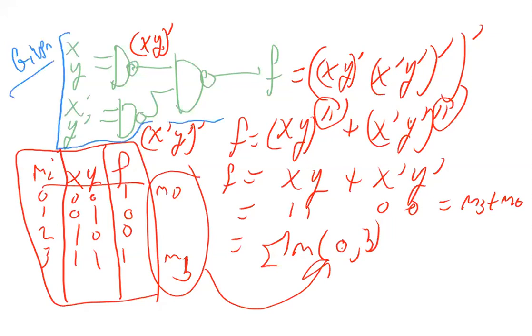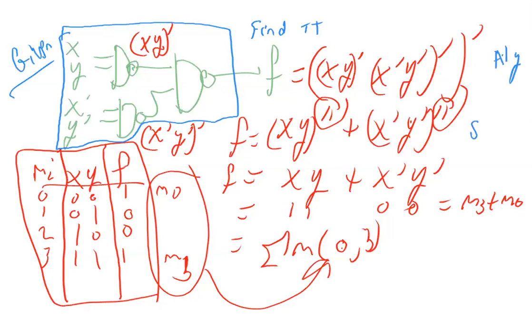We were given a circuit and we were asked to do the analysis. So the problem was, given the following circuit, find the truth table. In order for us to do that, we had to write out the algebra, right?